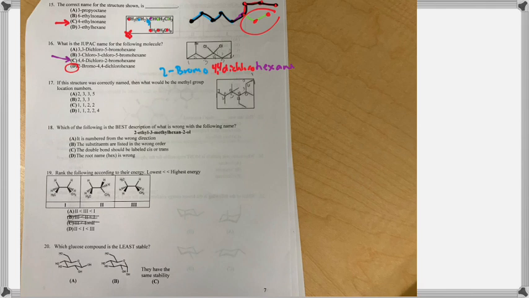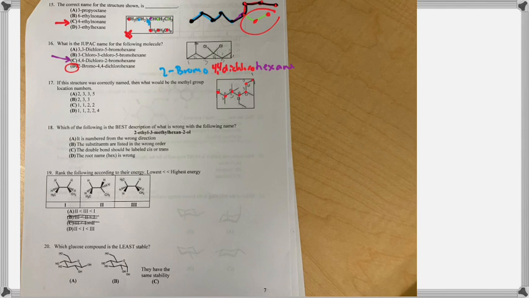Line structure correctly named. Did you get that top one right? Oh, I can't tell. I would say good job on the numbering here. Finding the longest carbon chain is probably the relevant thing. So I'm going to guess, at least in this person's case, they didn't answer for 15, but they did answer for 17.